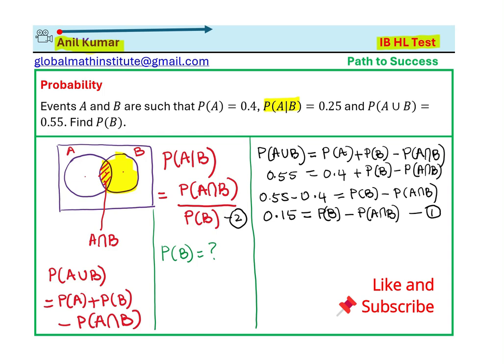We don't know probability of A intersection B, and we don't know probability of B. Since we need to find probability of B, we can eliminate probability of A intersection B. So we can clearly see here that 0.25 times probability of B equals probability of A intersection B. Is that clear?